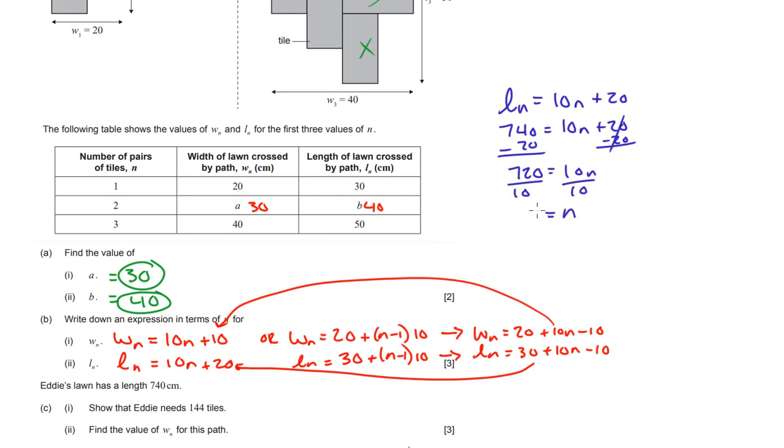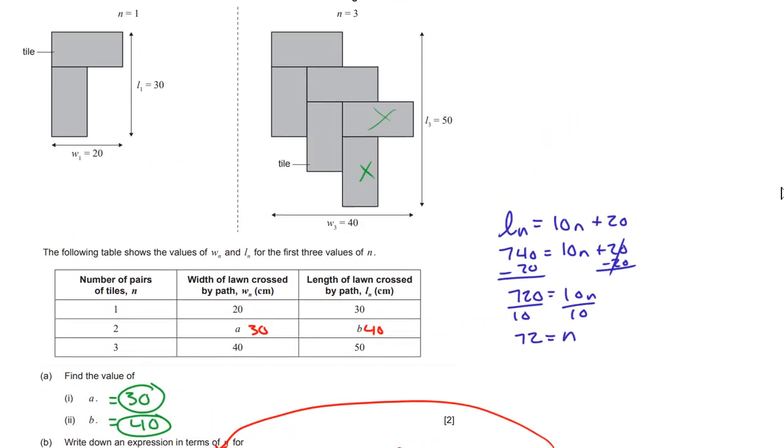And n, the number of two brick layers, is going to be what, 30? Oh, sorry, not 30. Let me undo that, and that is going to be 72, right? Now, remember, n is the number of 2 brick tiles here. So if we move this back up here, we can see it.